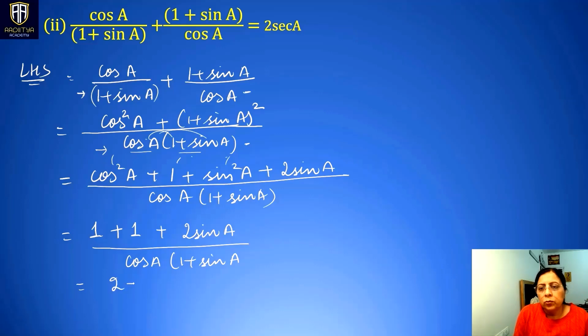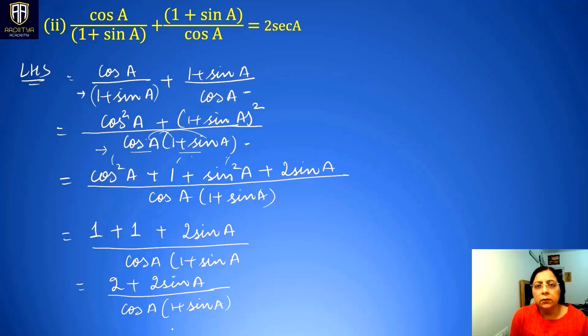So we have 2 plus 2 sine A divided by cos A 1 plus sine A. I'm reminding again, you should never open the denominator into an expression form, like a polynomial form, because if you have the terms in product, you can reduce it in the later stages of the calculations.